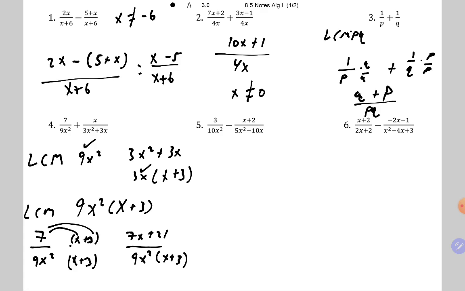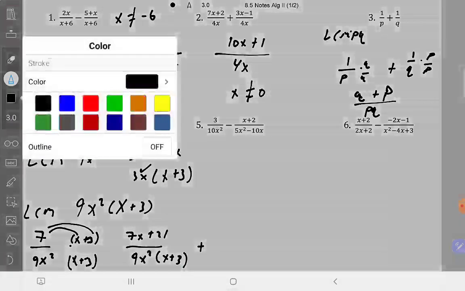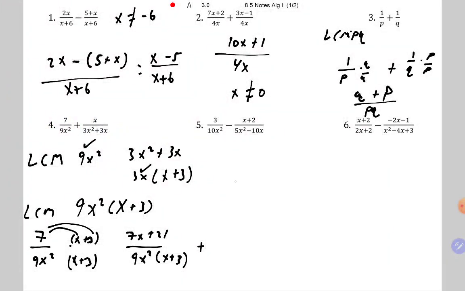Keep it factored and simplified. Okay, and then we're going to have our plus sign. So let's look at the other number. So we have x over 3x squared plus 3x. So that's just missing.